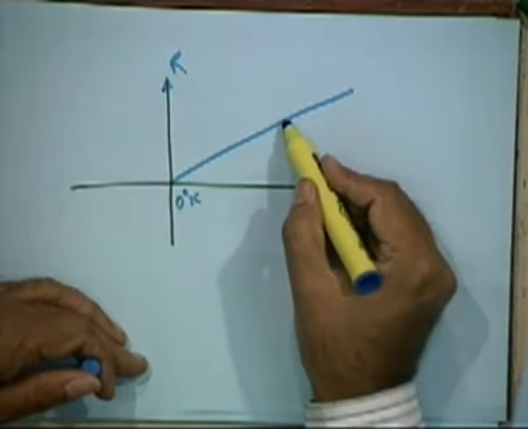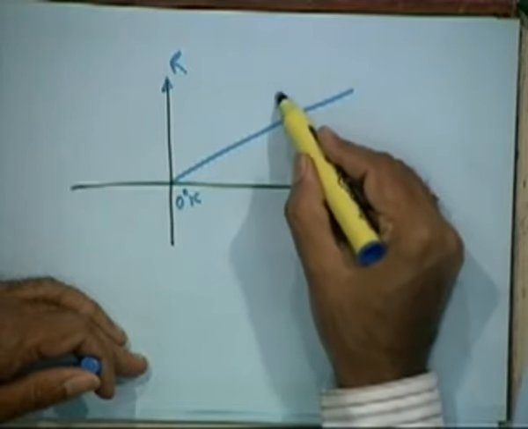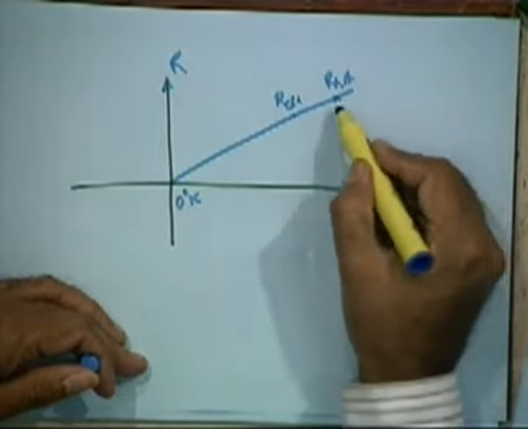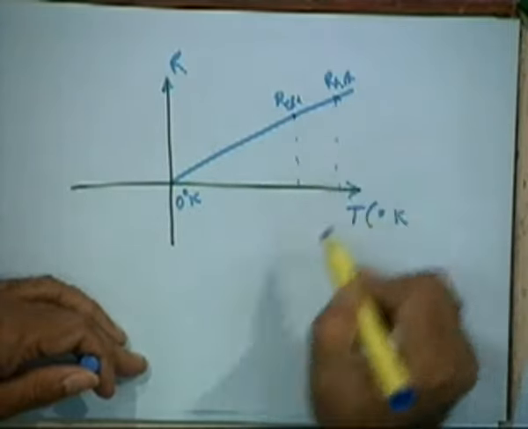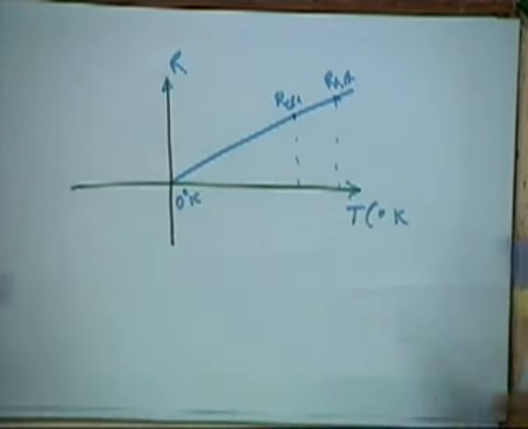So if you say this is R cold, if this is R hot, so R hot by R cold will be T hot by T cold, linearly. This is how it is. If you are measuring with degree centigrade, you add 273.